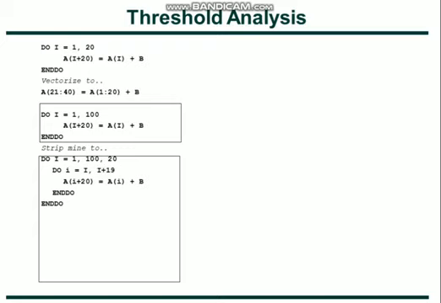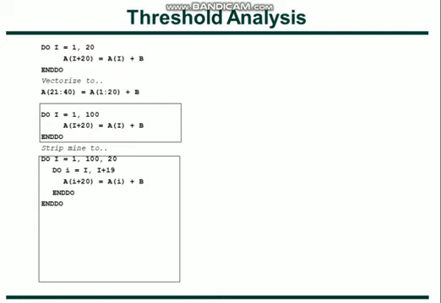For better understanding, take this first example, which is a loop. Do I is equal to 1 to 20. Inside that you have a single statement, a of I plus 20 is equal to a of I plus b.